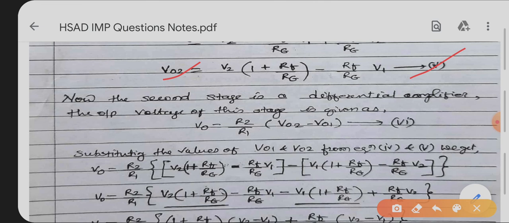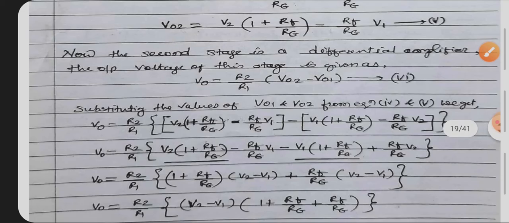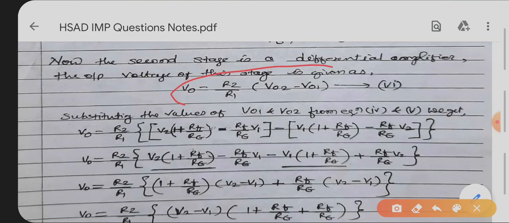Now the overall gain equation VO is equal to, this is the equation number 6, R2 by R1. That means gain of differential amplifier second stage, R2 by R1 in bracket VO2 minus VO1. VO2 is the output of A2, and VO1 is the output of A1. Difference of these two is applied as input to the differential amplifier.